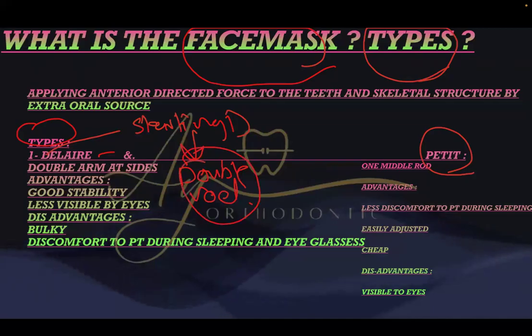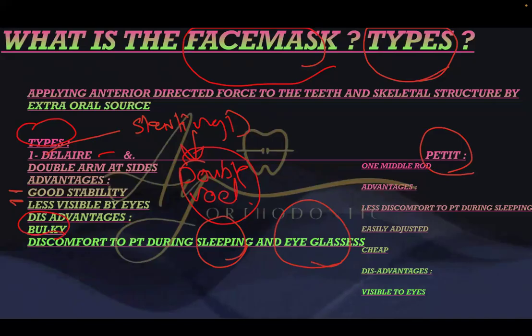At the sides, okay? What are the advantages? It gives me a good stability and is less visible to the eye, but one of the most important disadvantages is that it's bulky and sometimes it's uncomfortable for the patient during sleeping and with eye glasses, okay?